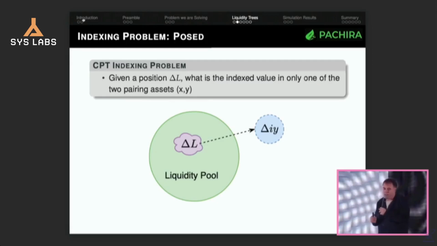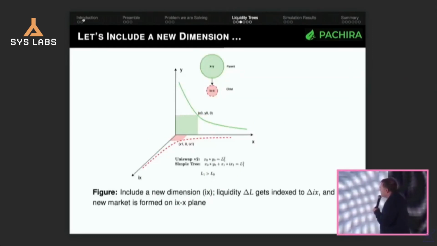We call that index liquidity, denoted by I_X, for an X versus Y dual constant product trading pool. Given that, we take this index liquidity, which is effectively fully collateralized debt, and we place that on the market.